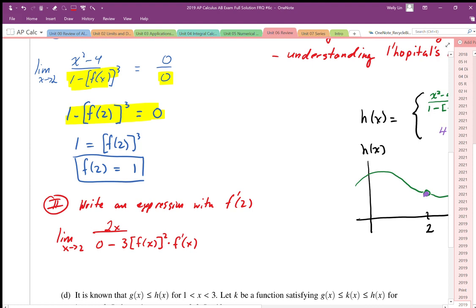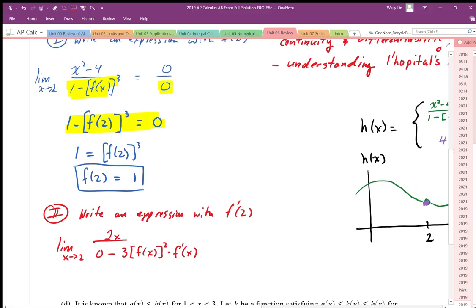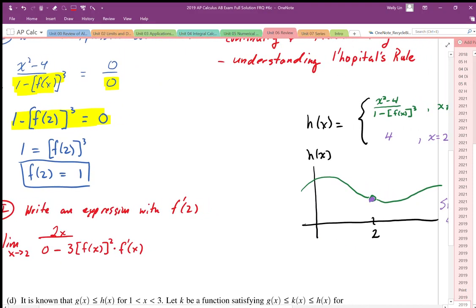But I need to be able to solve this, I need this to equal something. I do know that my limit, from the left hand side and right hand side of this expression, as I approach 2, is going to be equal to 4. And so I can make an equation equal to 4. And notice that, again, my numerator is equal to 4. That means then that my denominator must be equal to 1.